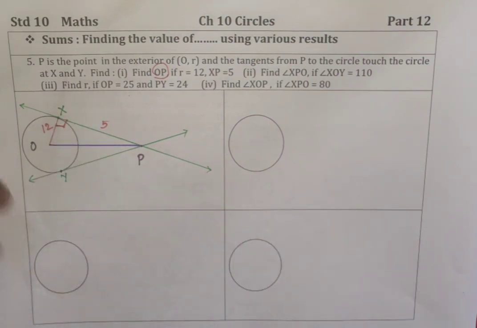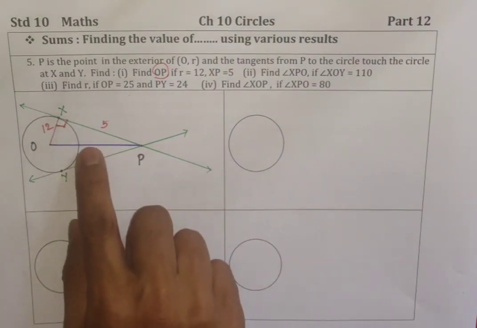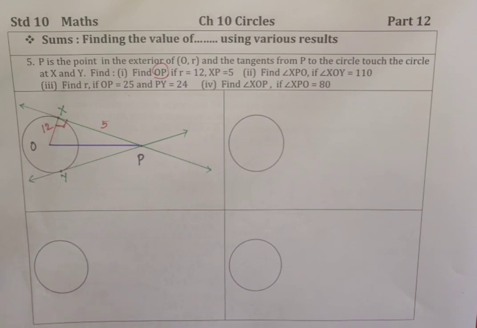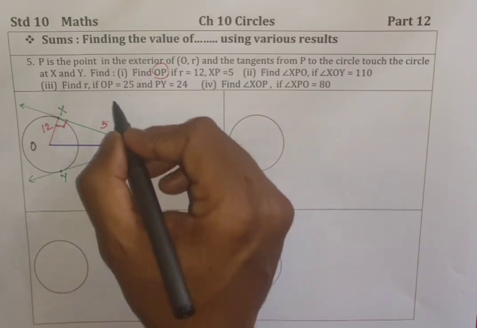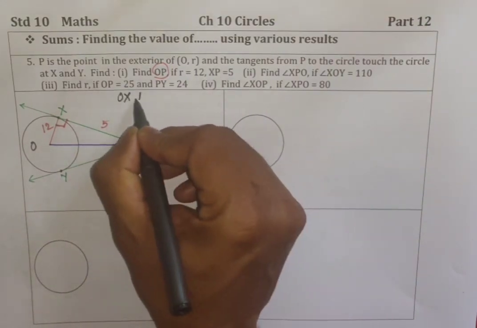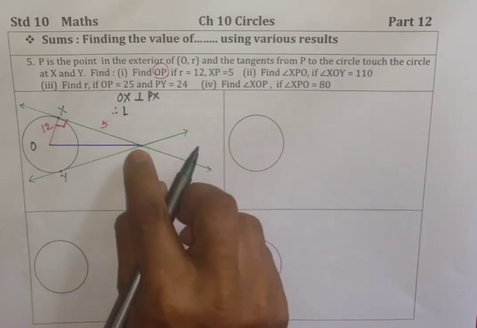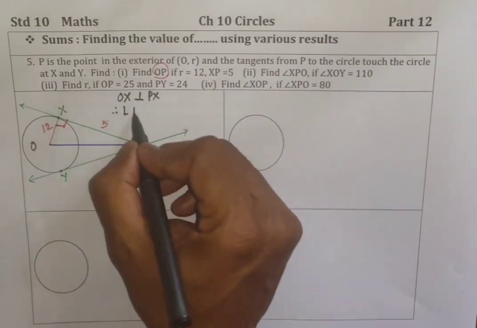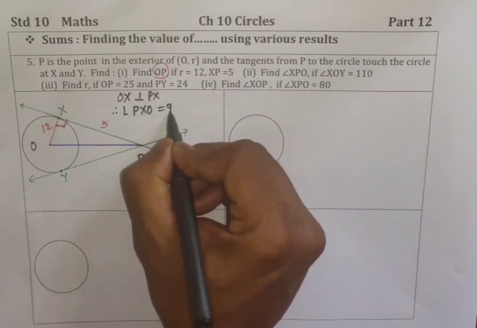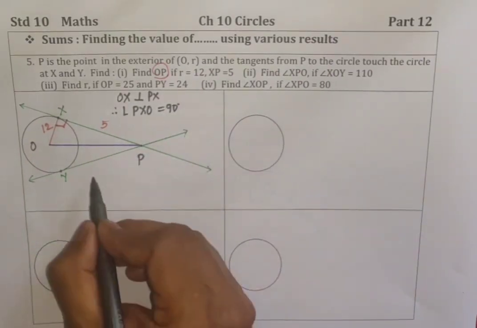Children, this becomes a right angle triangle. Use Pythagoras to find OP. Correct? Now I am writing directly. Actually we should write: OX is perpendicular to PX by theorem. Therefore, angle OXP or PXO is equal to 90 degrees. That's it.